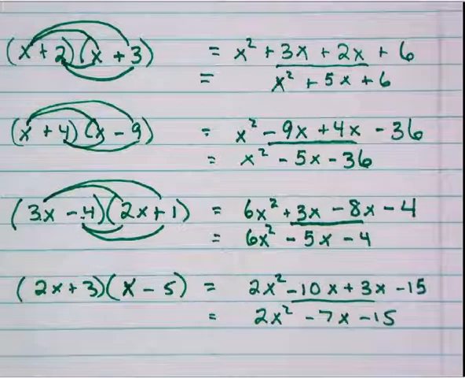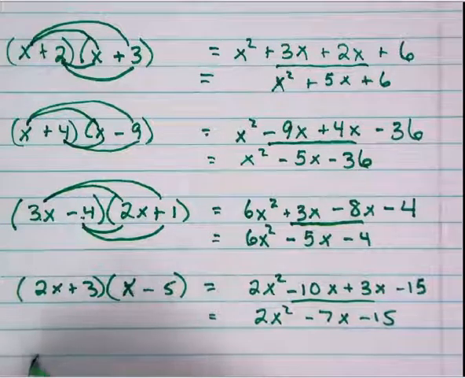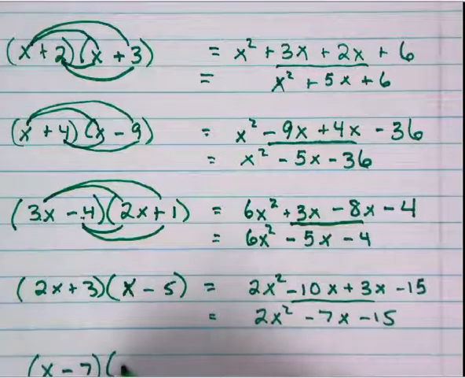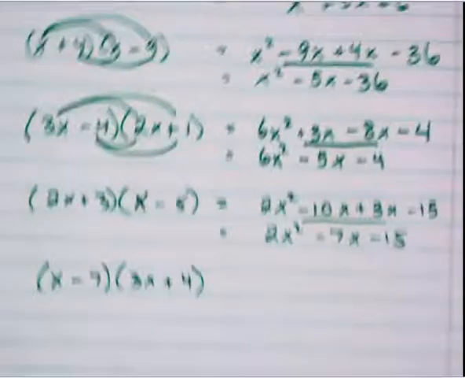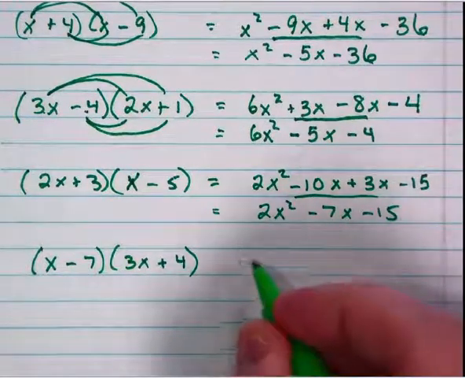Okay? How about you try x minus 7 times 3x plus 4. Multiply that out, pause the video, come back and see if we got it right.